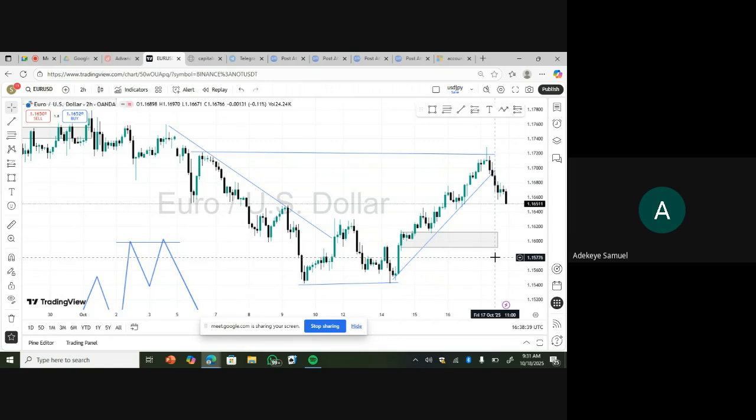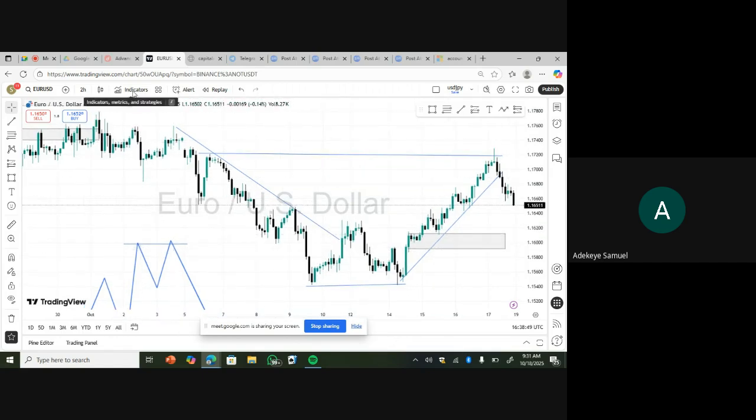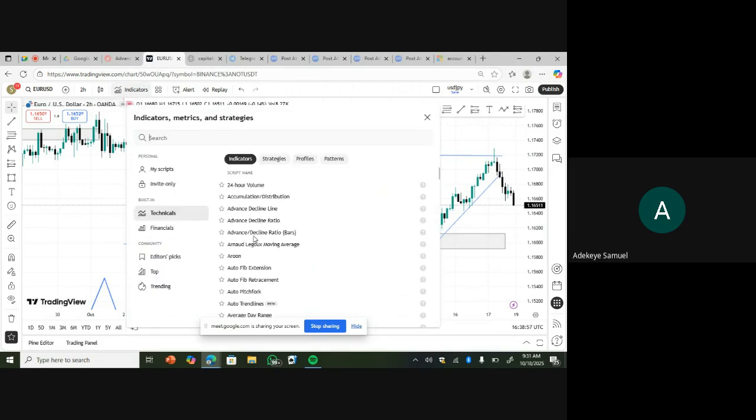What do I mean by naked traders? Naked traders are traders who don't add indicators. You can see how my chart is clean. If I should add indicators to my chart now, let me add Bollinger Bands.